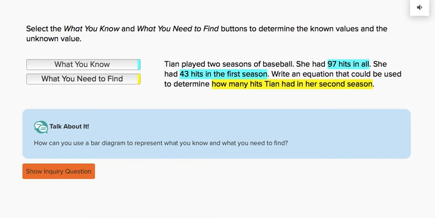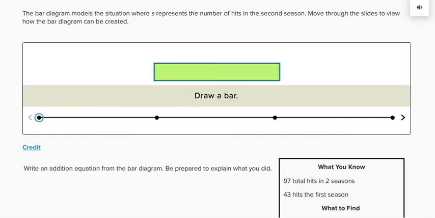Now, how can you use a bar diagram to represent what you know and what you need to find? The bar diagram models the situation where S represents the number of hits in the second season.